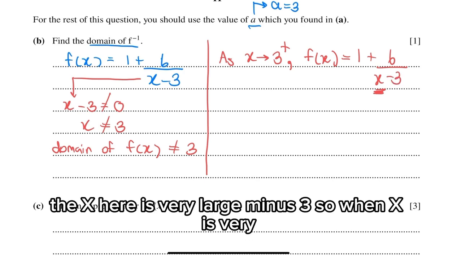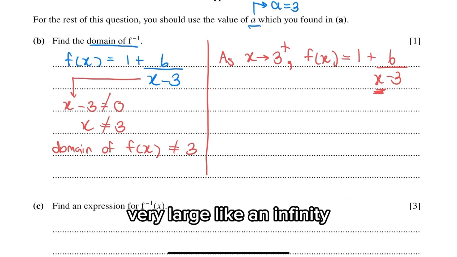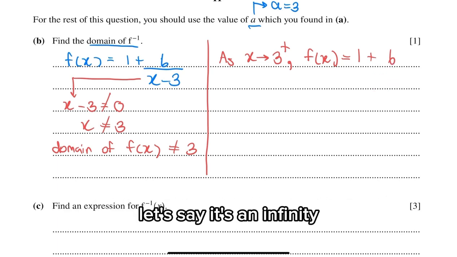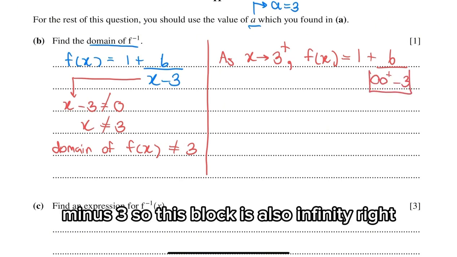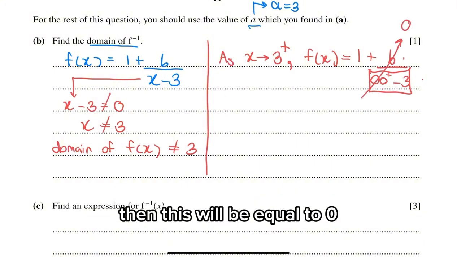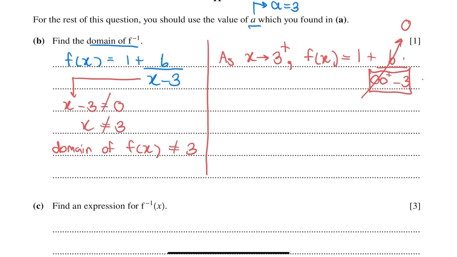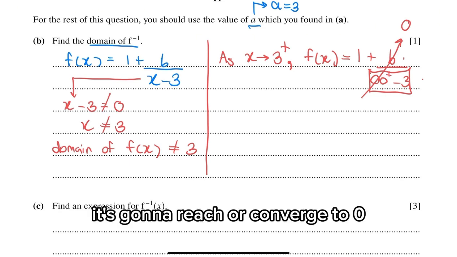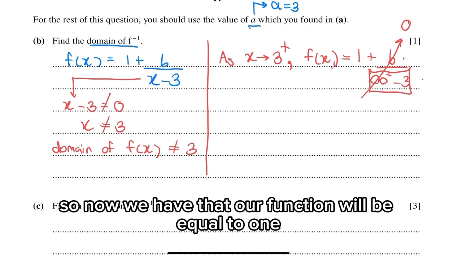So when x is very, very large, like infinity, minus 3, this is also infinity, like a huge number. And when 6 is divided by a very huge number, it's going to converge to 0. So now we have that our function will be equal to 1.